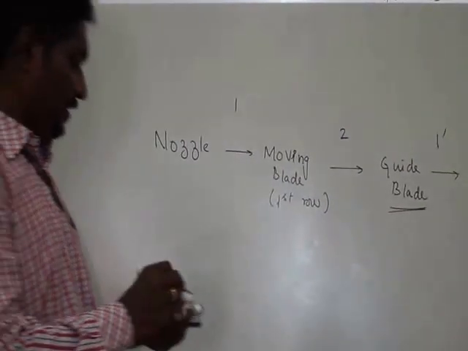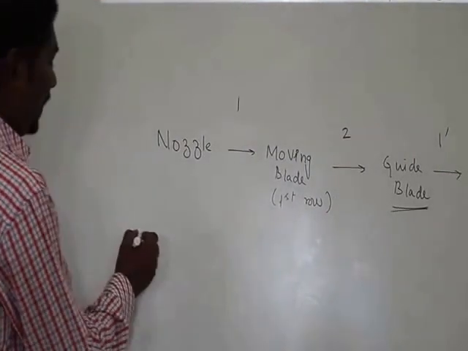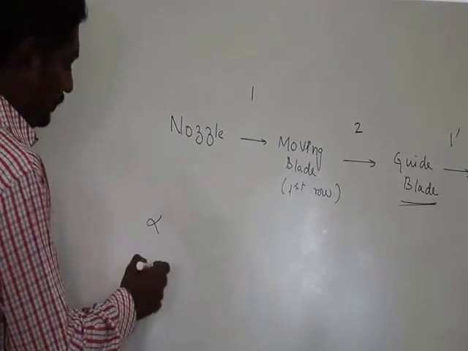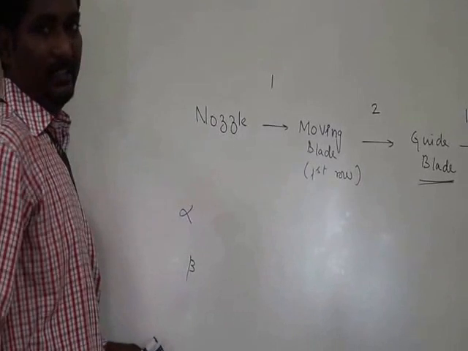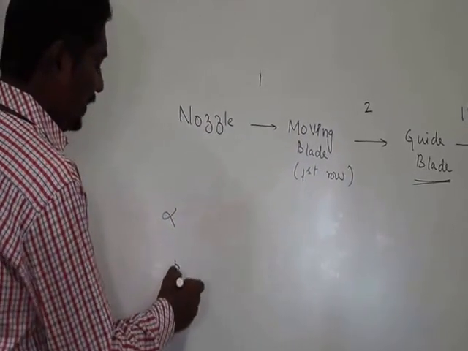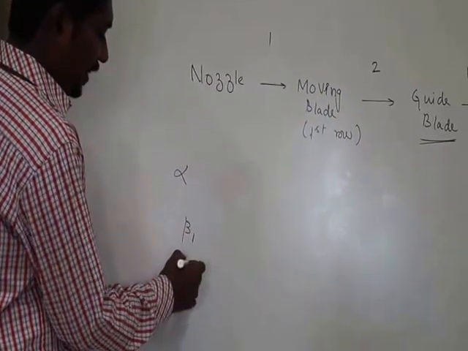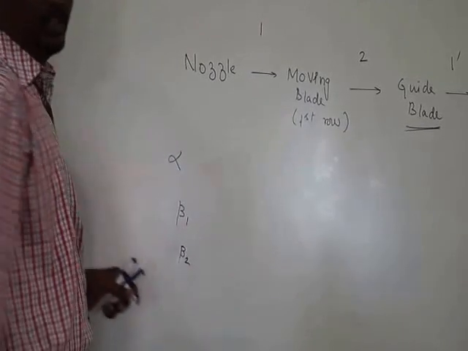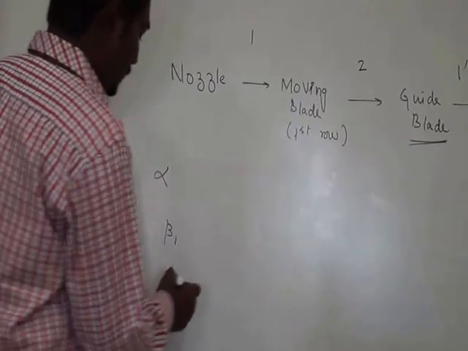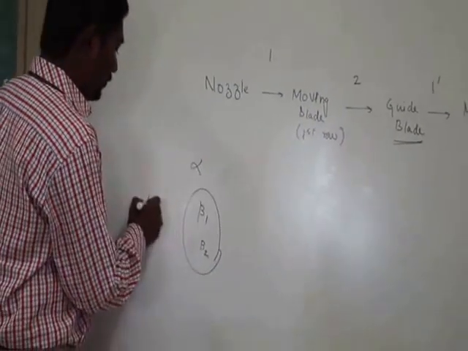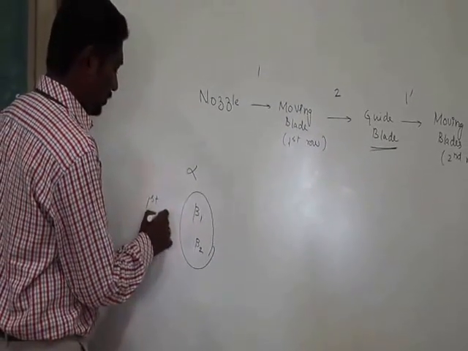And we know very well the nozzle angle is given by alpha and blade angle is given by beta. Inlet blade angle is given by beta 1, outlet blade angle is represented by beta 2. So this is for the first row of the moving blade.